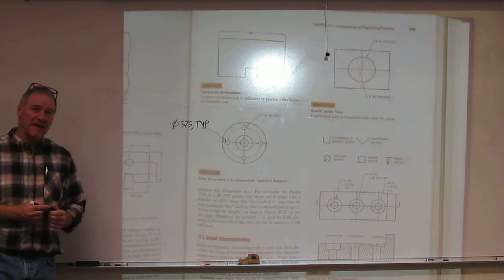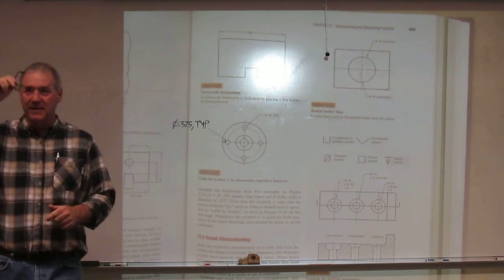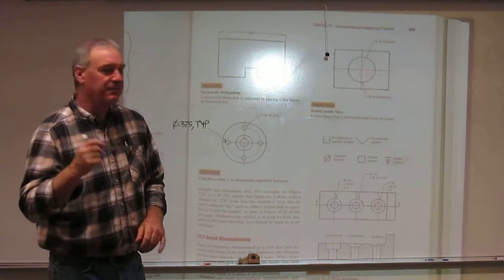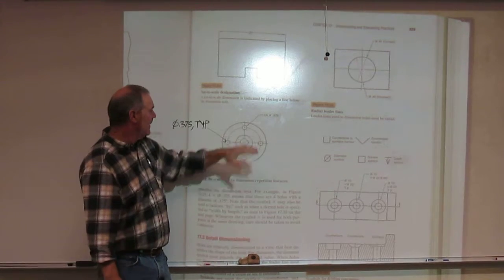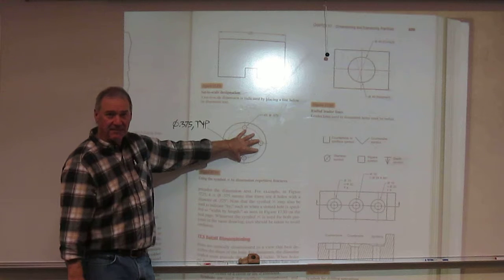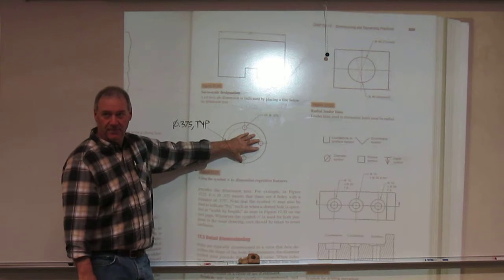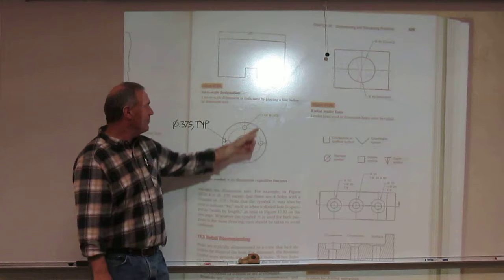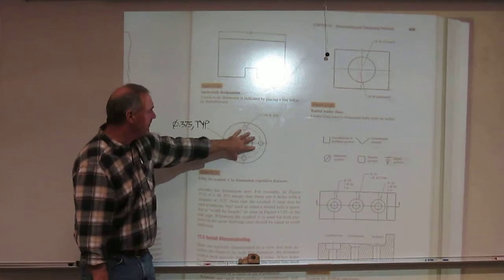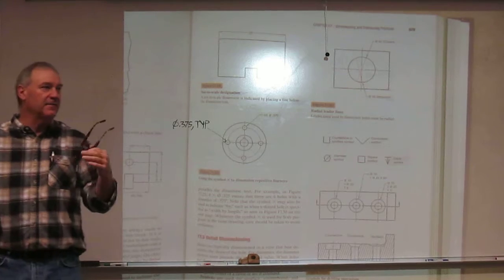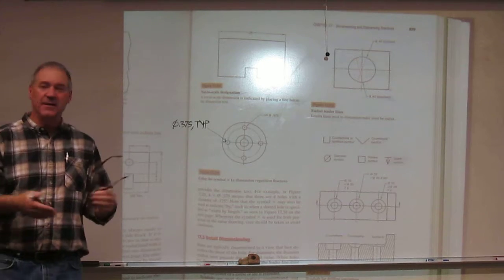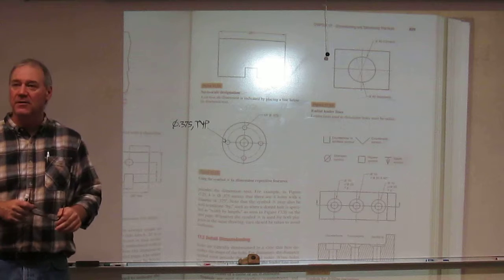Does a lot of the same thing, but you want to be careful using them, because on both of these, if I say 4 by diameter 0.375, the person's going to look on that view and try and find 4 of them. I would suggest you don't put 6 by if you see 4 here and 2 in another view. Okay, don't have them go hunting through a bunch of views. Can you in an emergency? Yes, but I wouldn't go that route.